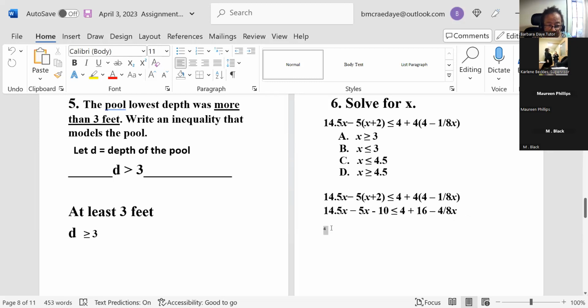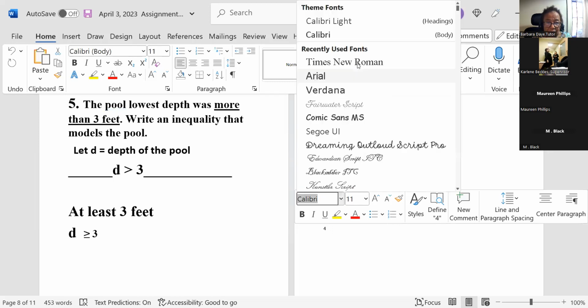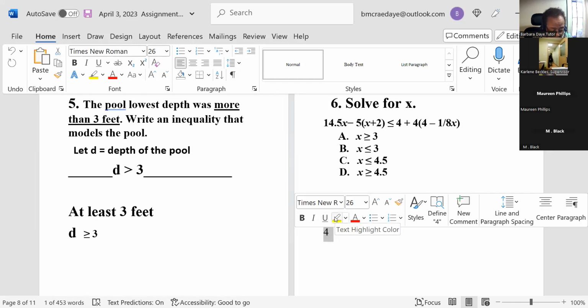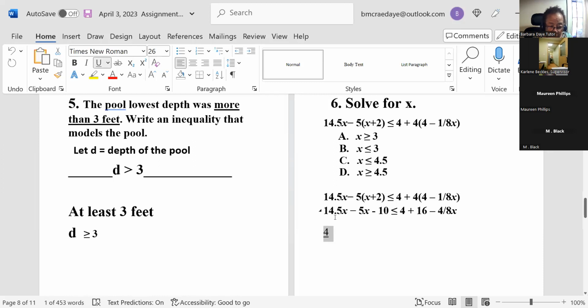Let me make this bigger. 4 over 1, that's this 4, right? 4 is really 4 over 1.